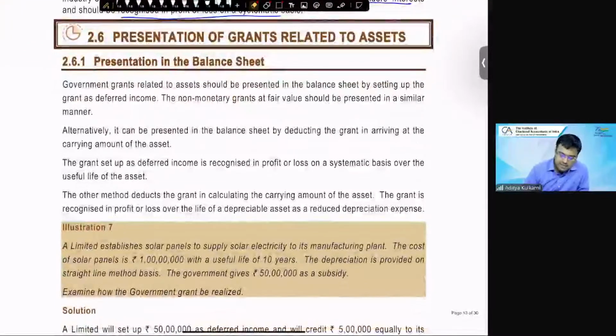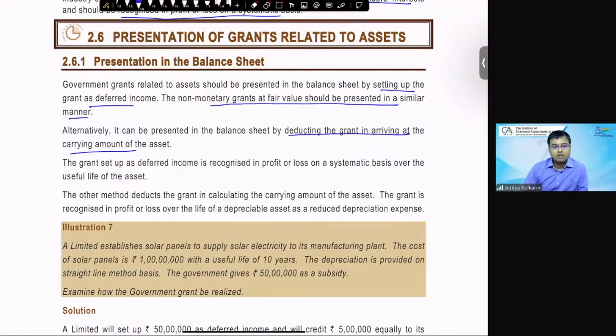Presentation in the balance sheet, grants related to assets. I have discussed both of them. You can either set up the deferred income. We have seen this. Non-monetary grants at fair value to be presented in a similar manner. Alternatively, deduct the grant in arriving at the carrying amount of the asset. Deferred income recognized on a systematic basis over the useful life of the asset.